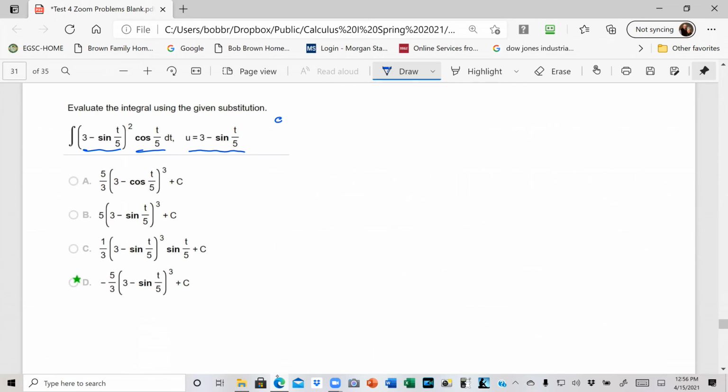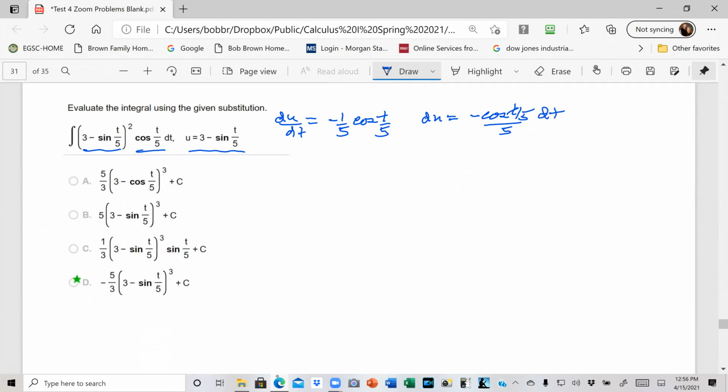du dt is going to be d/dt of 3 is 0, of course, but this is going to be minus 1/5 cosine of t over 5. So du is equal to minus cosine of t over 5 divided by 5 dt.